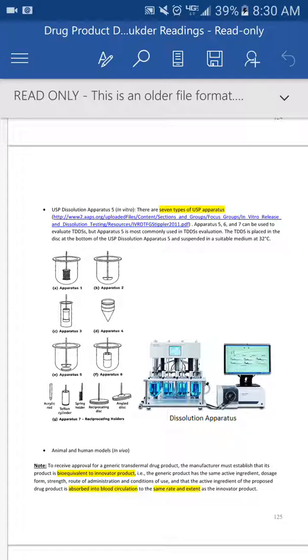There's 7 of them. Apparatus 5, 6, and 7 can be used to evaluate transdermal delivery systems, but 5 is the most common. Suspend in a suitable medium at 32 degrees Celsius.